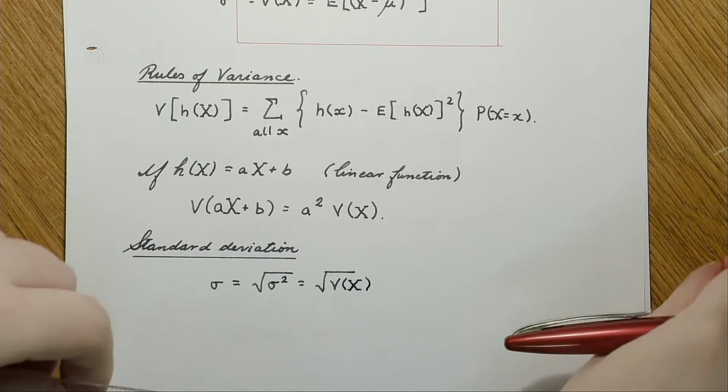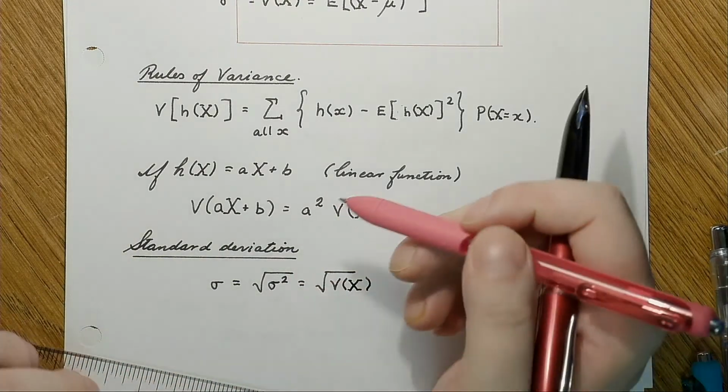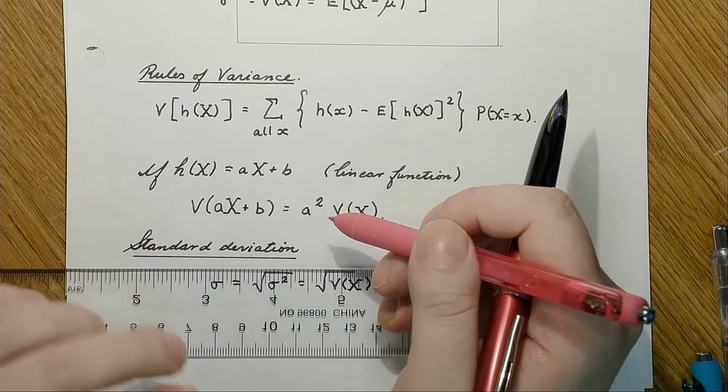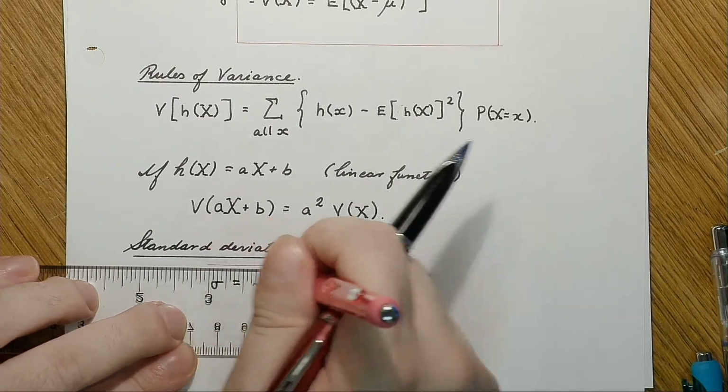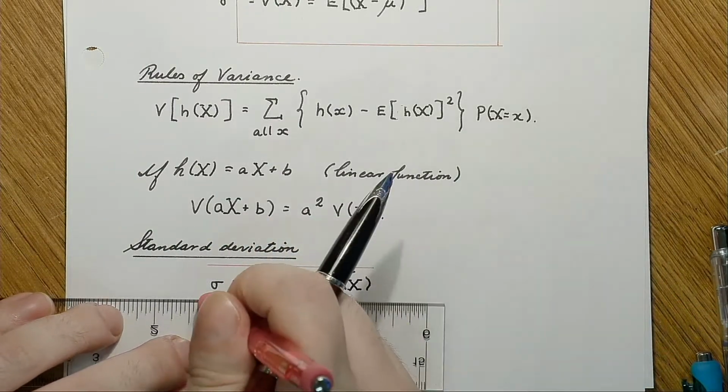So that's important because they may ask what a standard deviation is, and that's usually how we do it. We calculate the variance and then we take the square root.